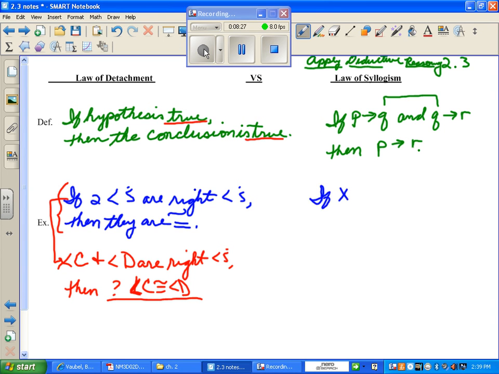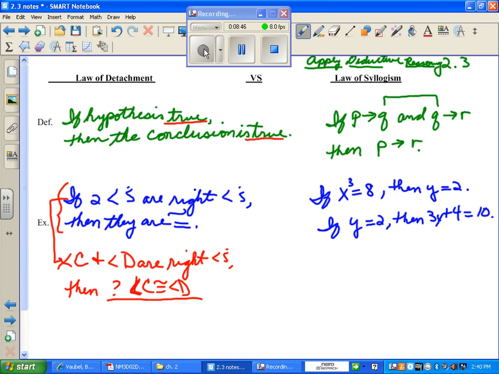And here's what I have for our example. If x cubed equals 8, then y equals 2. If y equals 2, then 3y plus 4 equals 10.